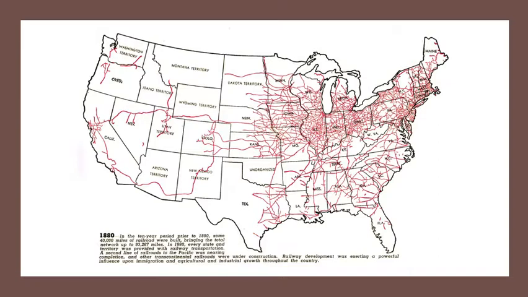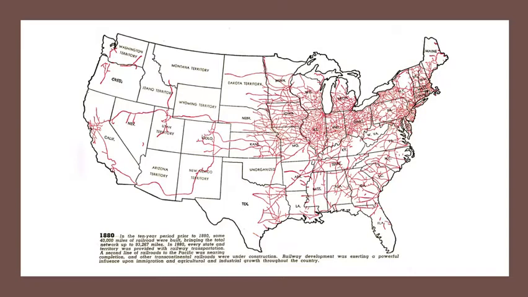Spurred by private investment and massive grants of land and money from federal, state, and local governments, the number of miles of railroad track in the country tripled between 1860 and 1880, and then tripled again by 1920. Vast new areas were opened up to commercial agriculture, especially in the West, and a truly national market for manufactured goods was created.